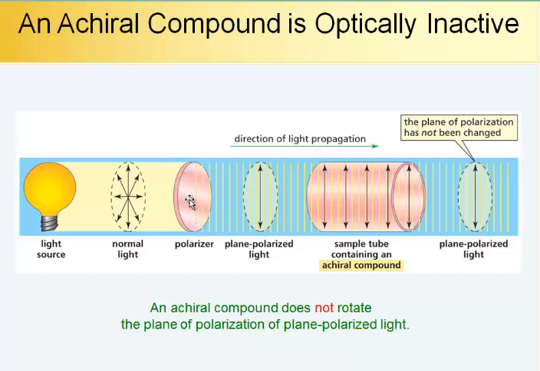This polarizer lens will then orient the light in a particular manner. So then that light passes through a sample tube, and the plane of polarization may be changed and may not.